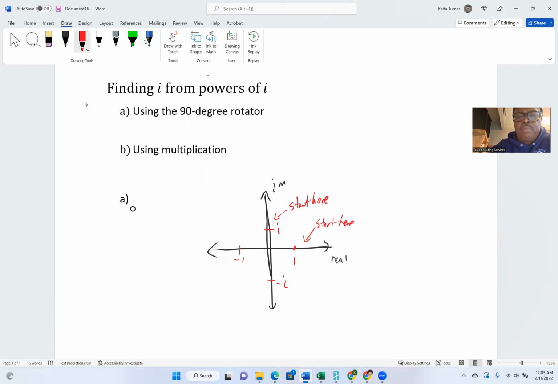What Holly explained to me, she said that we start here because remember, the first thing we're dealing with is I to the 0 power, which is 1. And of course, the next one is I to the first power, which is I. The next one, I squared, which you can see is -1.